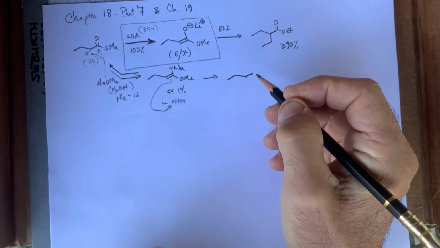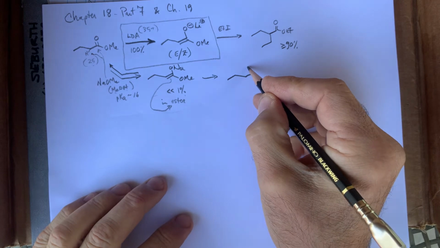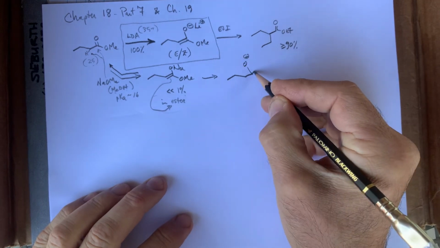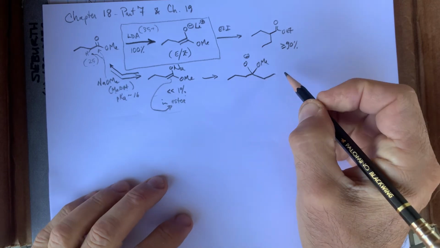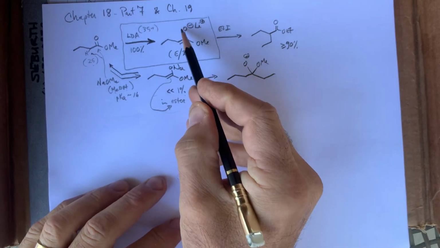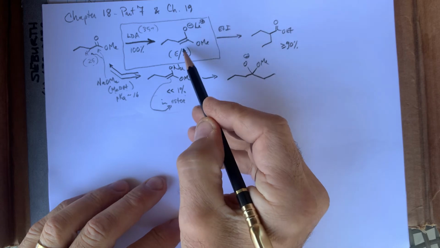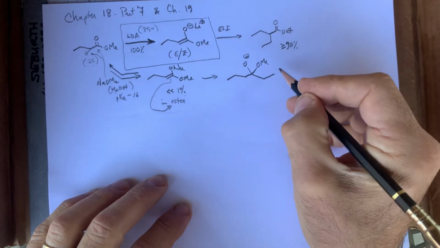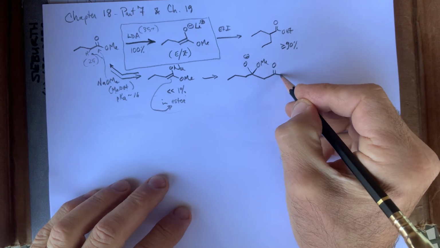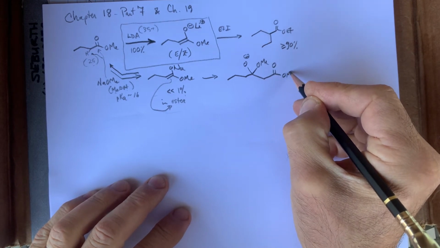And this kind of gets us into chapter 19. And isn't it interesting that we draw the enolates with a charge on oxygen, yet their reactivity is on carbon. But that's a discussion for another day.